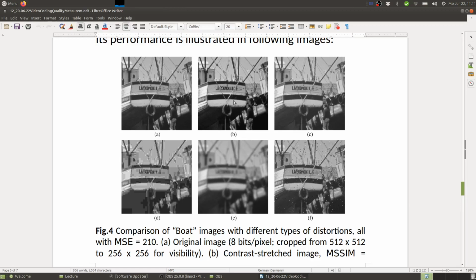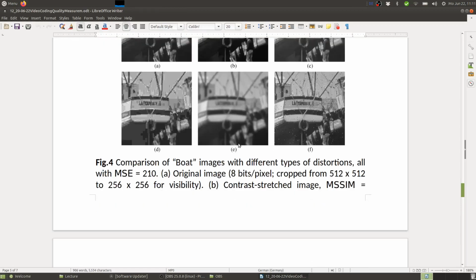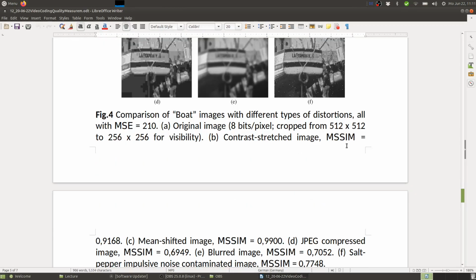So quality-wise, it's fine. And also the MSSIM gives it a score of 0.91 on a scale of 0 to 1. So 1 would be perfect, and this is close to perfect. So good enough. Then C is a mean shifted image. Mean shifted means it's basically brightness.